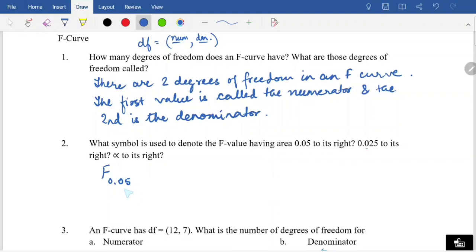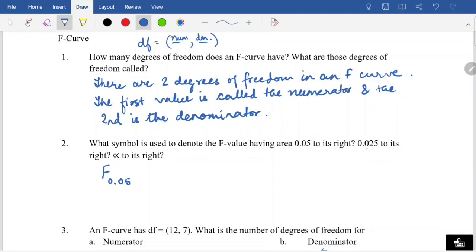Any F value, or any Z value or T value, which has a subscript at the bottom represents area to its right. That's not just for the F value, that's the case for Z values, T values, chi-squared values, anything, for any distribution.